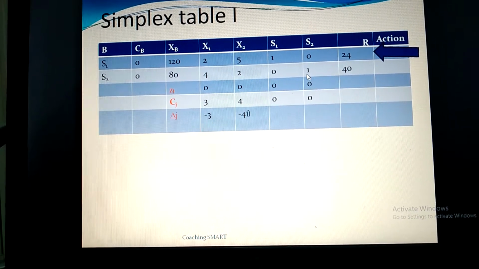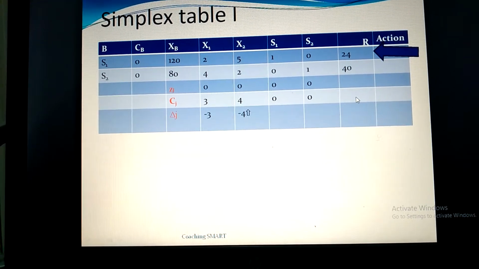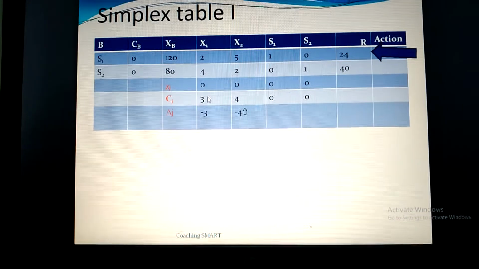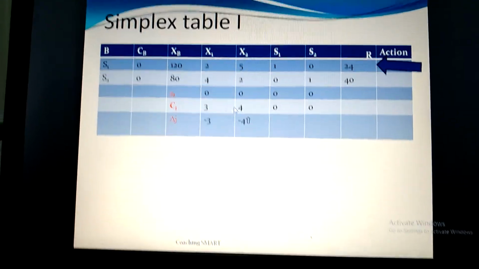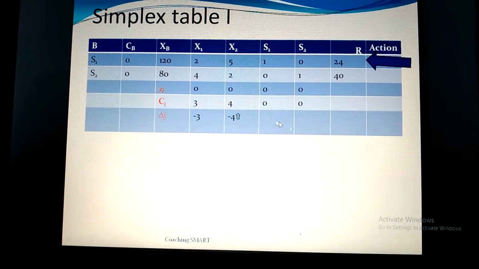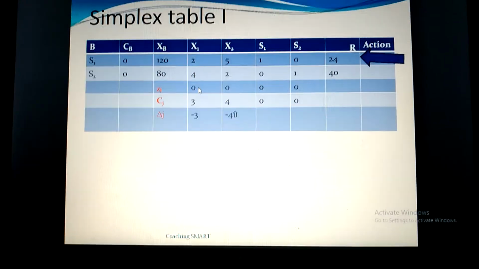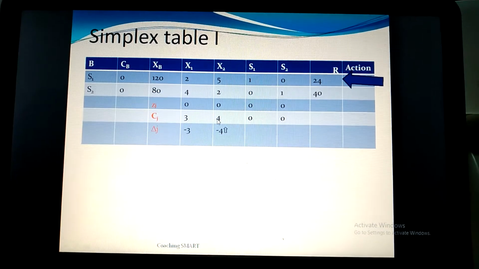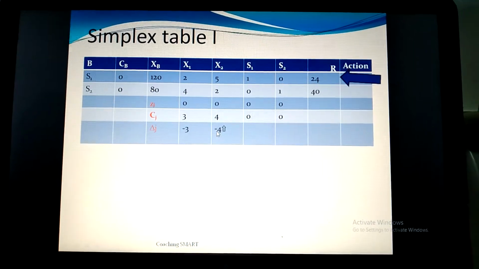So when you add this, you get 0. So Zj is 0. Cj is the coefficient of the variables in our objective, 3 and 4. Now what you do, you say 0 minus 3 is negative 3, and 0 minus 4 is negative 4.